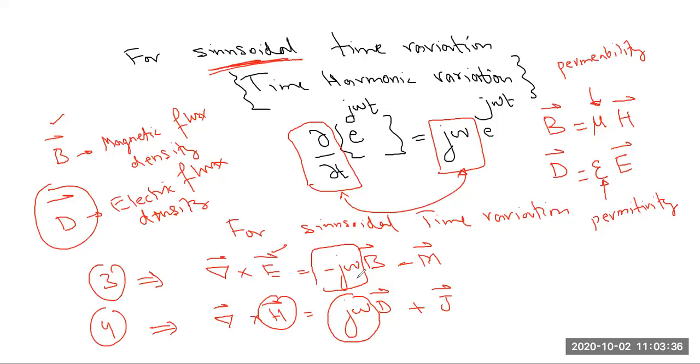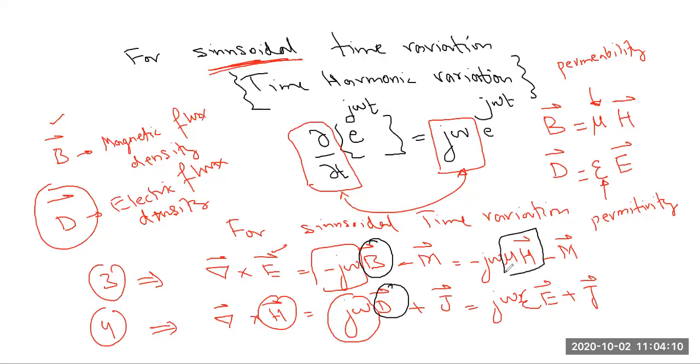So in these equations, in place of B, you can write this equation in terms of H. So the right hand side will become minus j omega mu H minus M. And similarly, this fourth equation, right hand side will become j omega epsilon E plus J. So B and D can be represented in terms of this with the help of these equations.